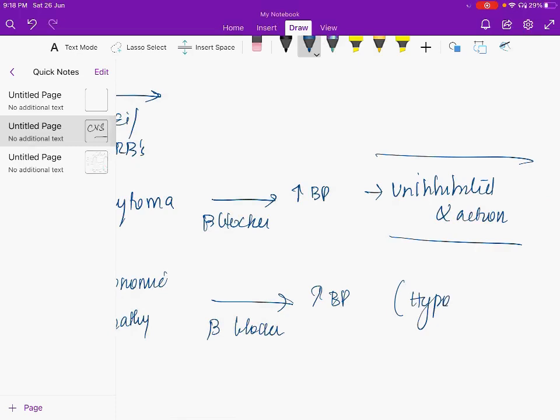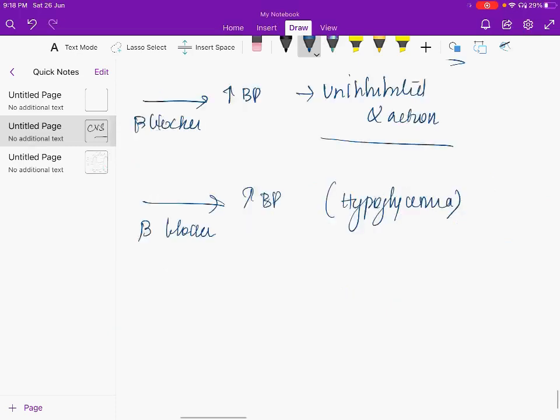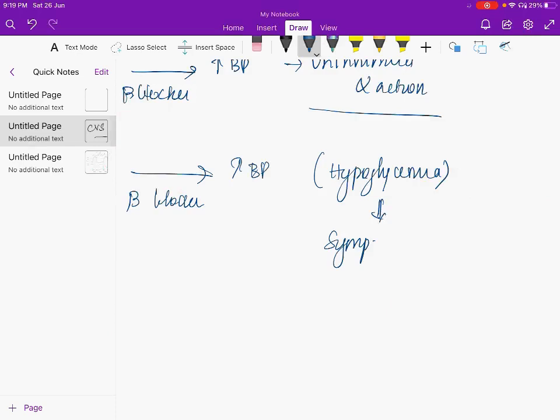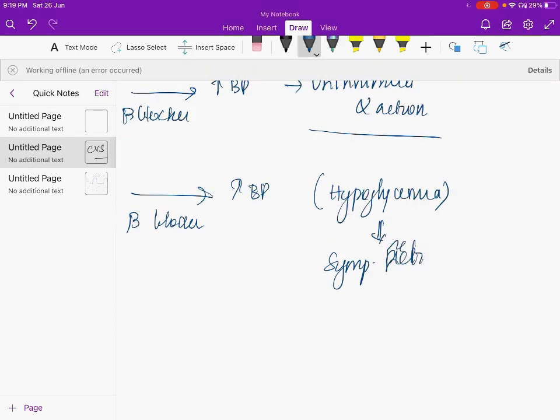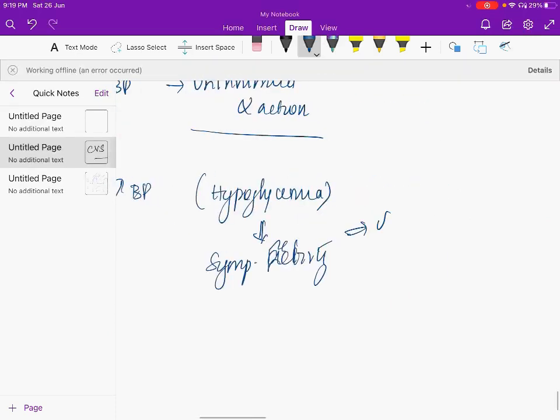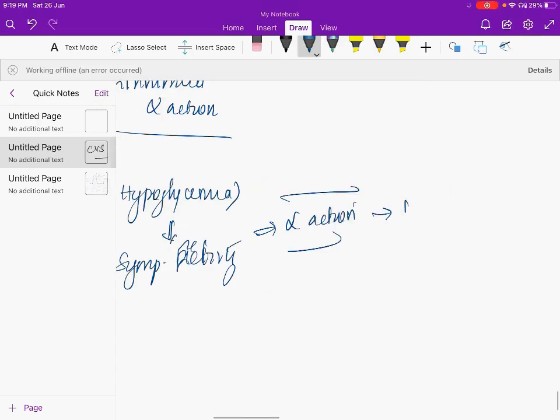So hypoglycemia will cause sympathetic activity. So again, your uninhibited alpha action will produce raised BP. Okay, good.